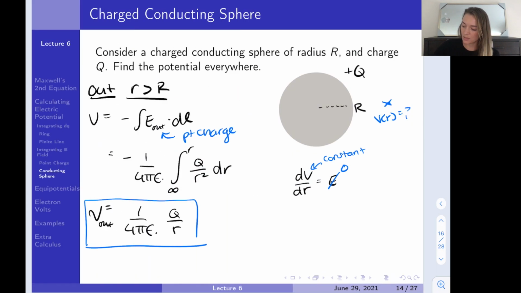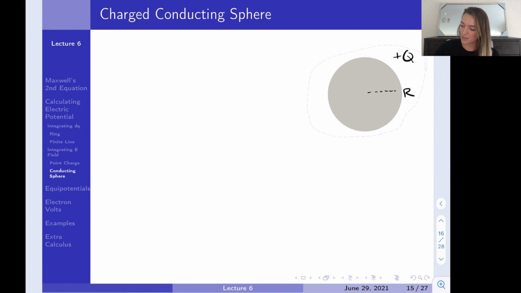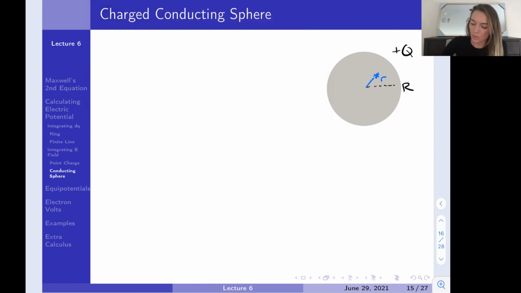So what we can do, I'm going to bring my little sphere over here. So I've got my sphere here, and now I'm looking for a point in here. So this is my new location r. So we're going to do the potential is equal to negative integral of E dot dl.